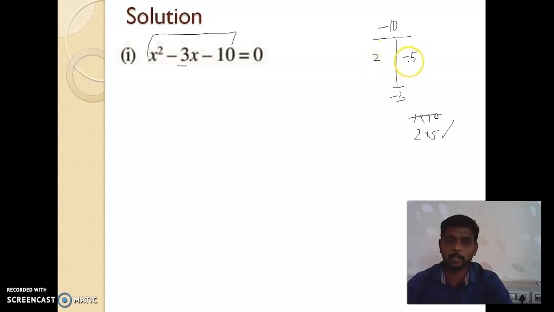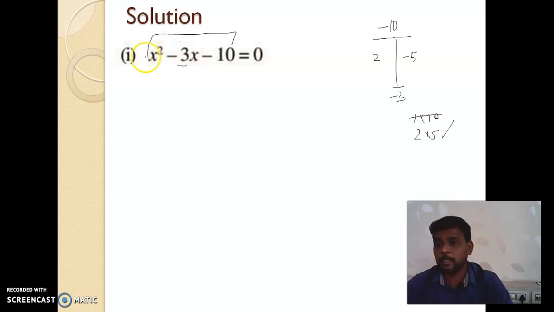Now check: 2 into minus 5 is minus 10. When we add, since the signs are different, we subtract, and we get minus 3. So it is satisfied, right? These are the factors of minus 10. After writing the factors here, check which number is in front of x square.